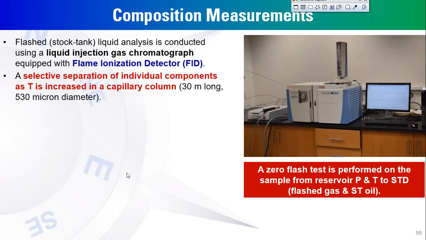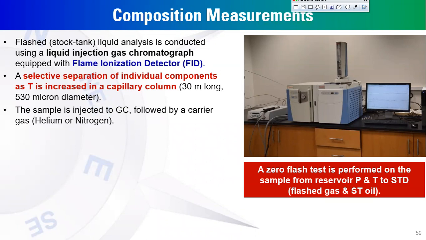The process is based on selective separation of individual components of the system as the temperature is increasing in a column. The capillary column is included in this chromatograph apparatus. It's about 30 meters long and about 500 micron in diameter.